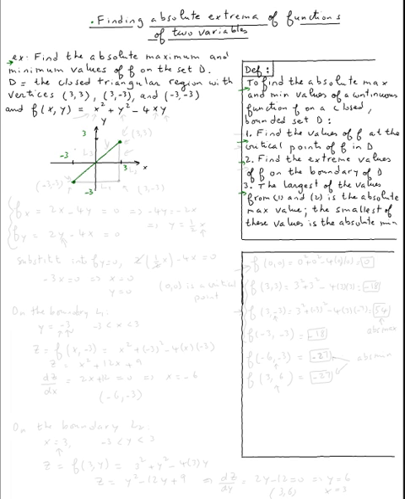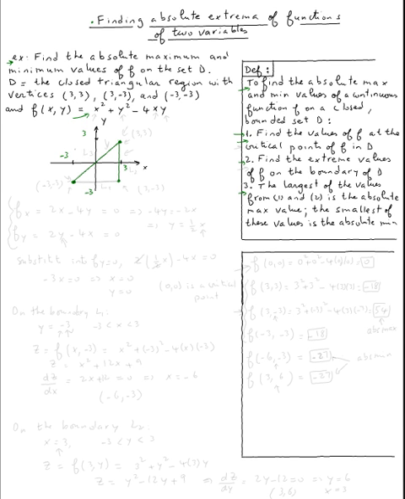I'm going from (3, 3) to (-3, -3), and then we need (3, -3), which is right here. So here's our triangular region. Here are the points. And our function f(x, y) happens to be x squared plus y squared minus 4xy.